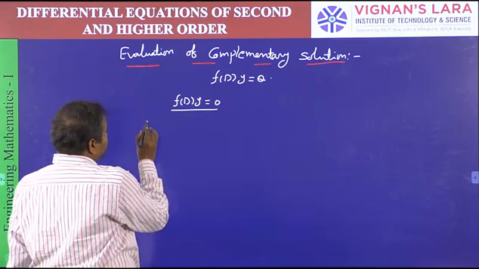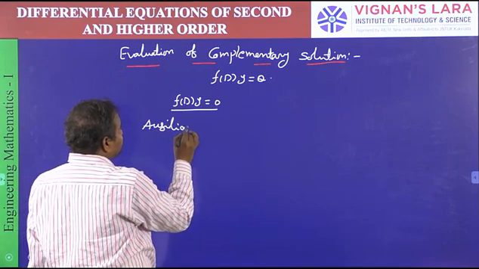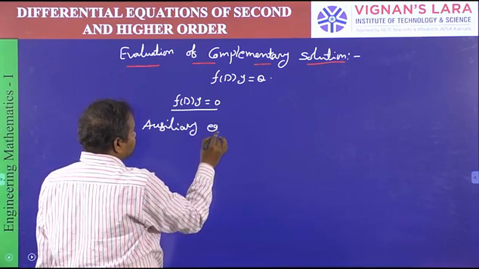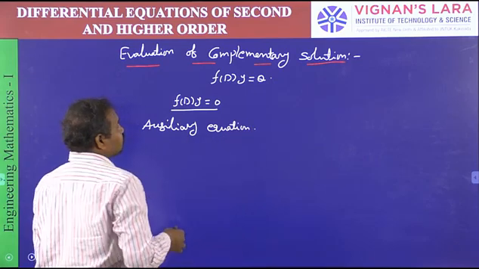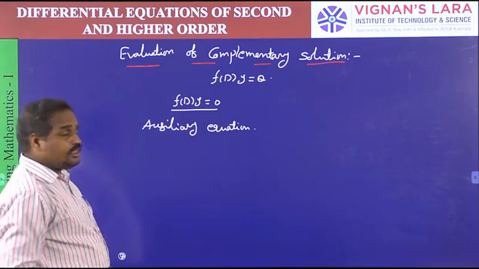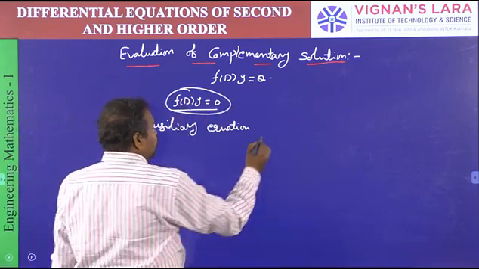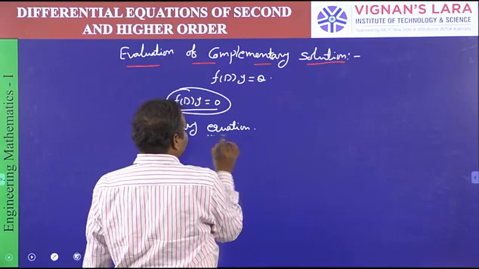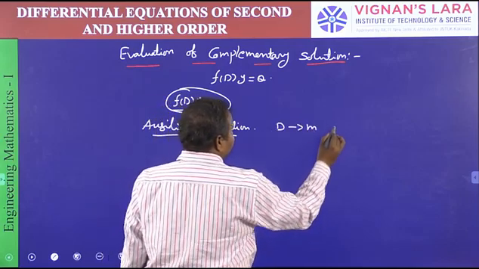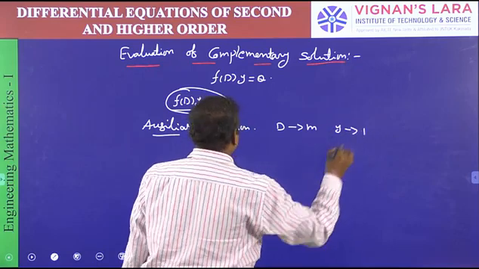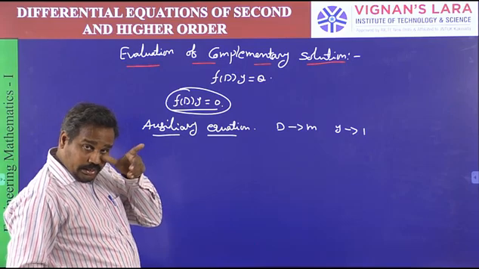For this, we write the auxiliary equation. How do we write it? In this equation, replace D by m and y by 1.